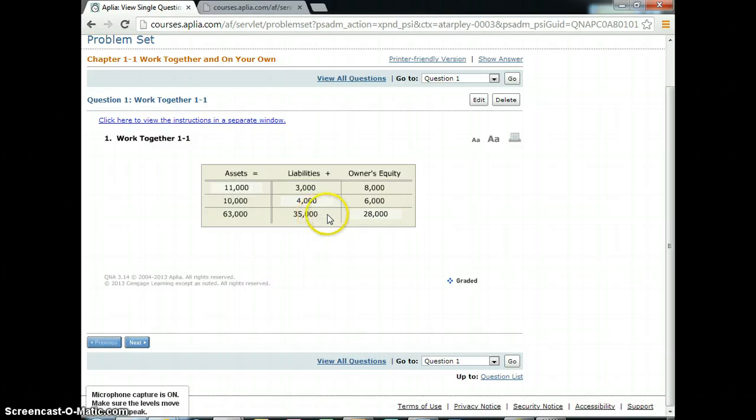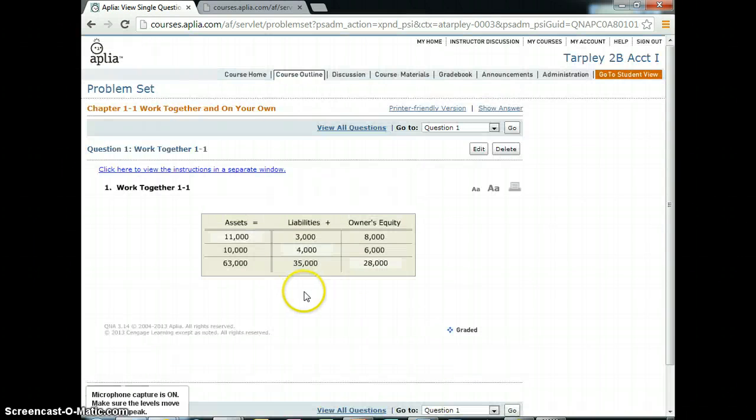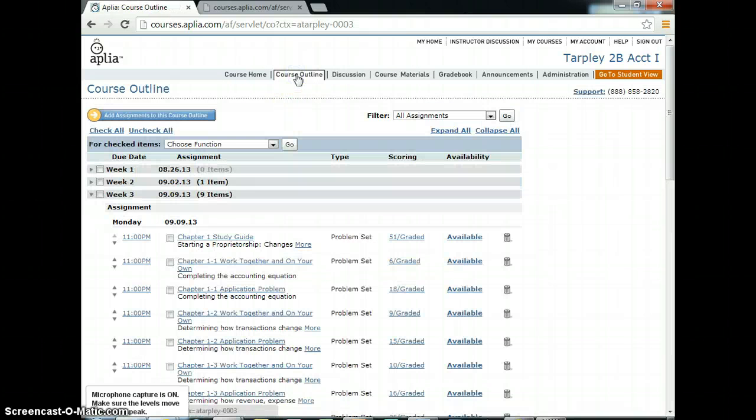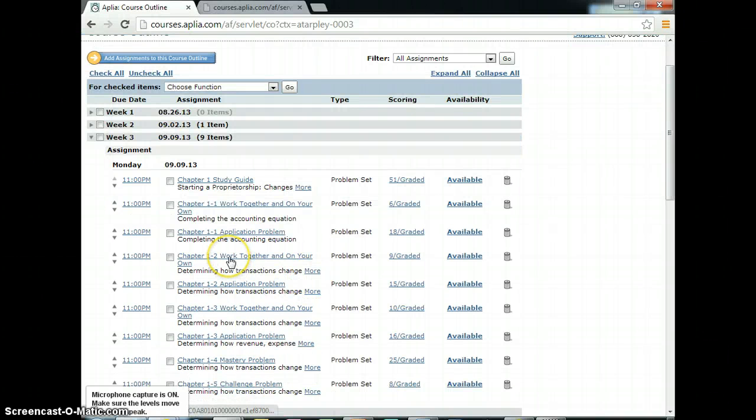So now when I add these two up and compare it to this one, my assets equal my liabilities plus owner's equity. And all good, right? Alright, so now with yours down at the bottom looks a little bit different. You need to hit save and continue, and then we'll go back here to course outline, and we're going to go to Work Together 1-2.